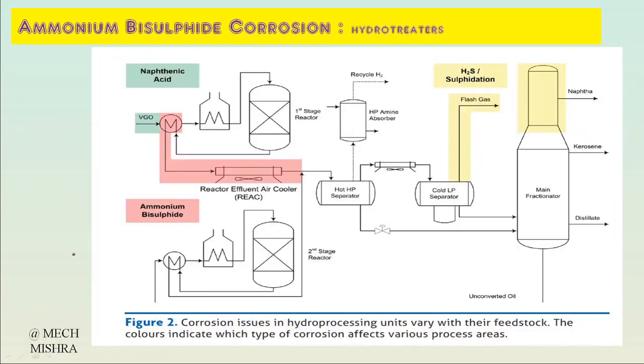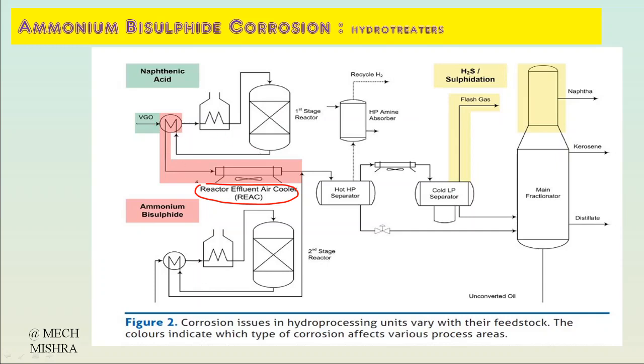Now we can see in the hydrotreaters the damage mechanism. The damage mechanism will be in the reactor effluent air coolers, what we call the REAC system. In the REAC system, first of all the feed comes from here. The feed goes to the heat exchanger preheater, then to the heater, then the reactor, and from the reactor bottom it comes to the REAC for cooling down.